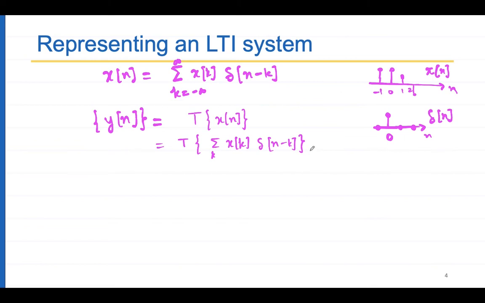But now I know that the system is linear. What is the meaning of linearity? This is my input delta function. This is just a coefficient, right? Dummy variable k.